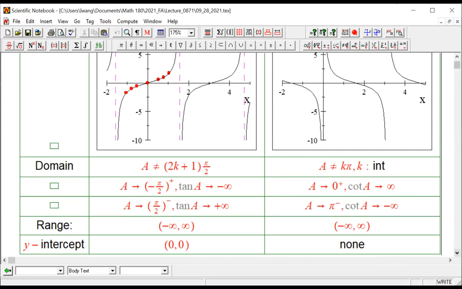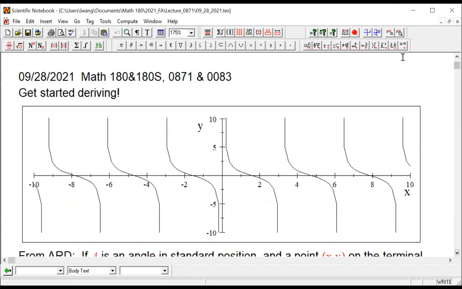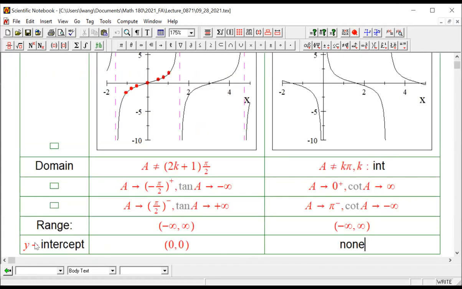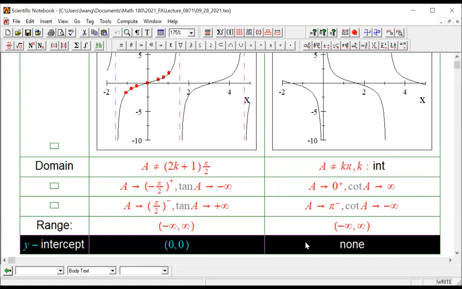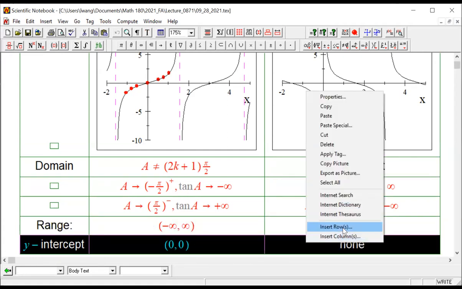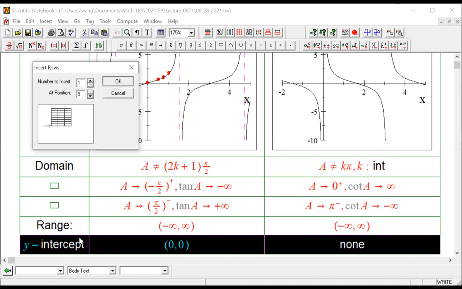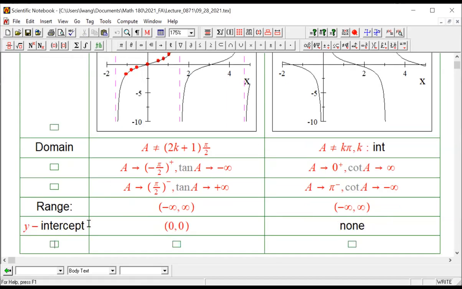Okay, so y-intercept. We already talked about there's none because 0 is not in the domain. How about x-intercepts for tangent and cotangent?